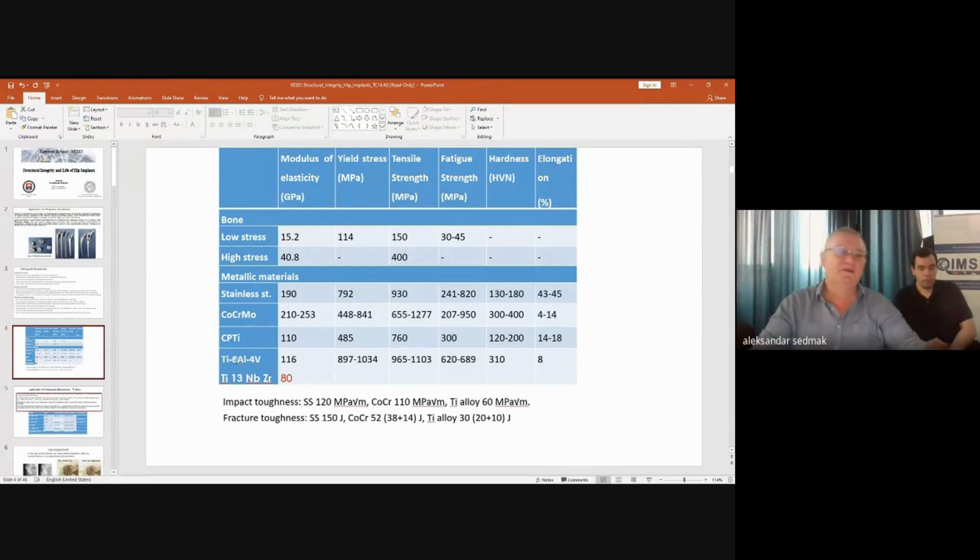Some popular titanium alloy like Ti-6Al-4V is 116, but newly developed alloys like 13 niobium, 13 zirconium, they are just 80, which is definitely closest to the bone. So once again, this shielding effect, which is very important, is in favor of using newly developed titanium alloys.